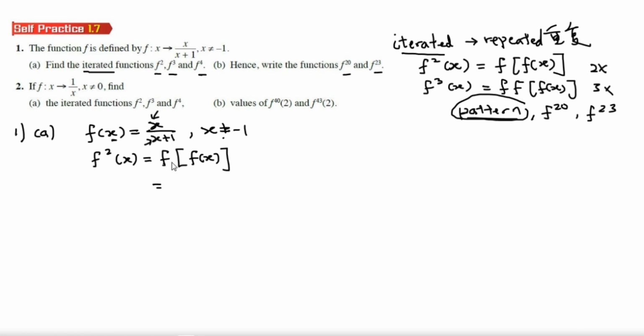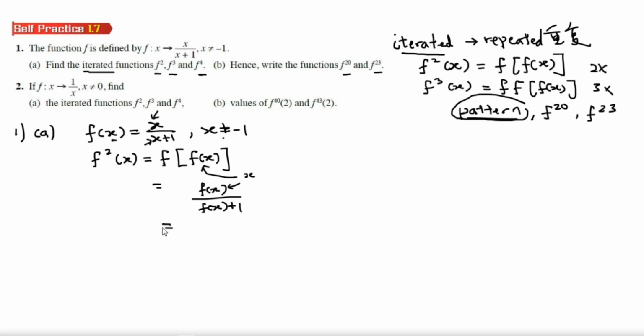So now f, this x we replace by f(x). So must do the same thing for the other side. This x must also replace by f(x) over f(x) plus 1.